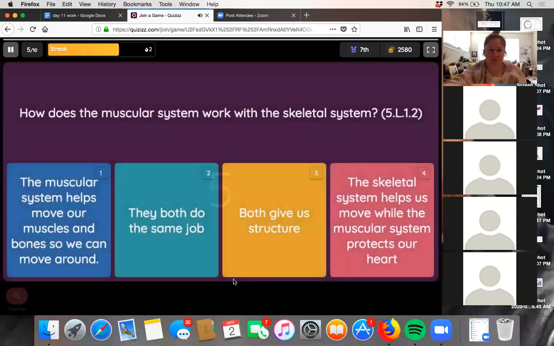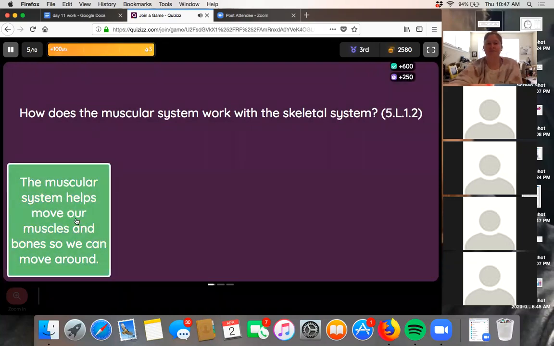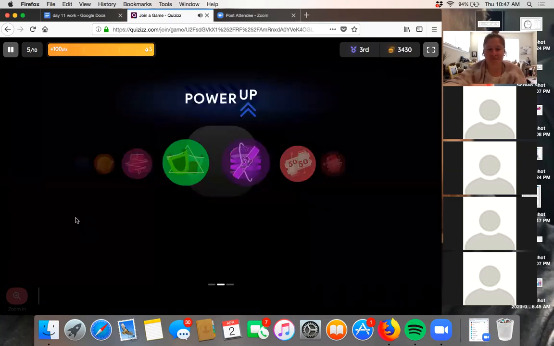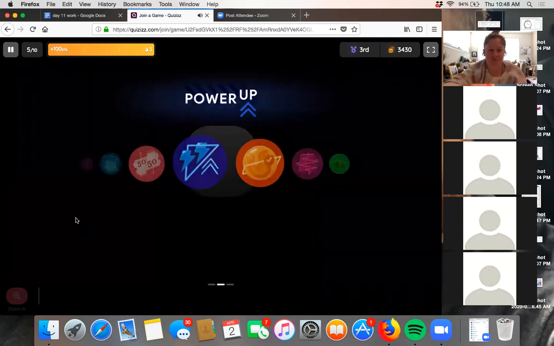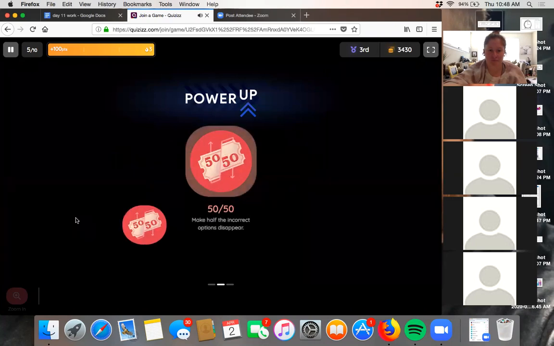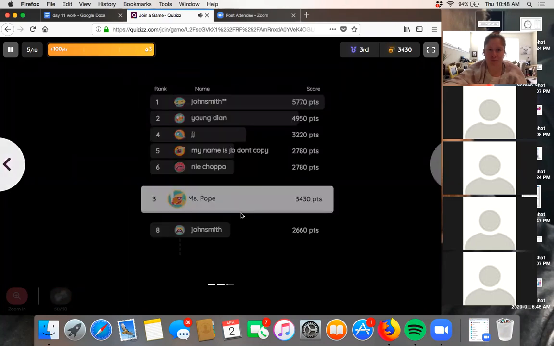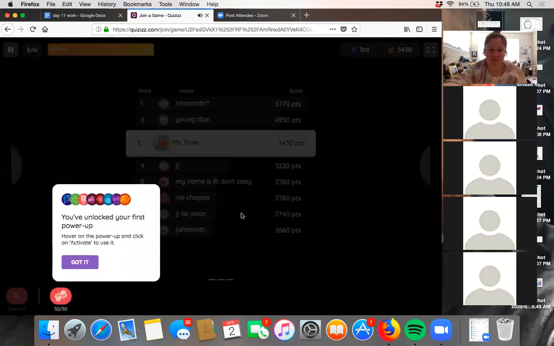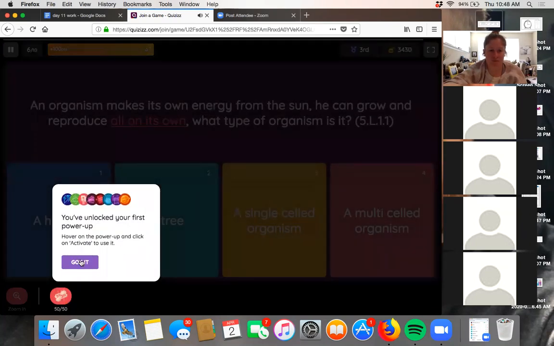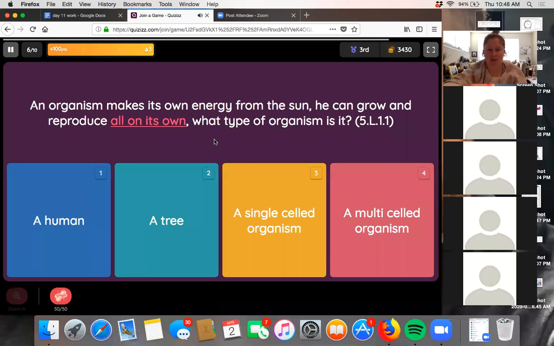How does the muscular system work with the skeletal system? I got it wrong. An organism makes its own energy from the sun. It can grow and reproduce all on its own. What type of organism is it?